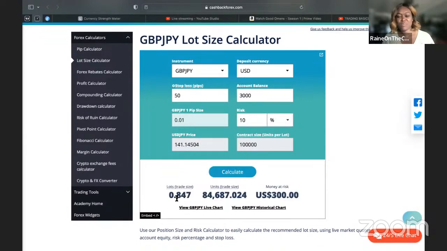The lot size is 0.847. That's $300 if you did a 0.84 lot size, $300. So your lot size, you have to know what it is, and you have to know what dollar amount that represents. And the lot size calculator is what will help you with that.